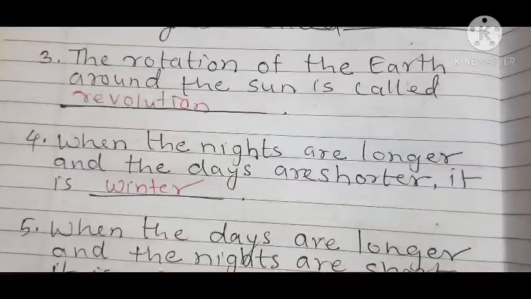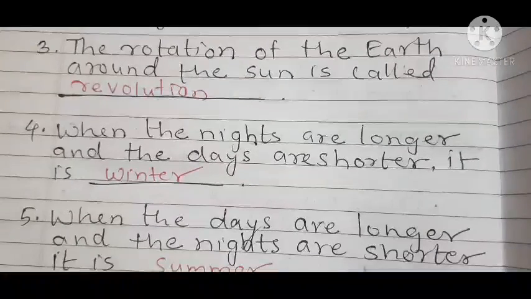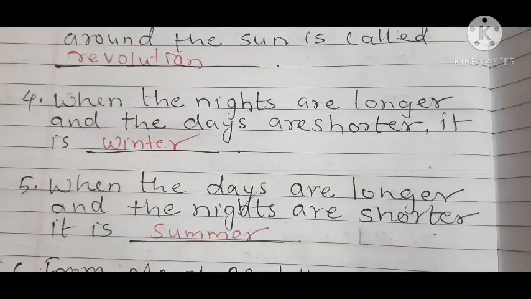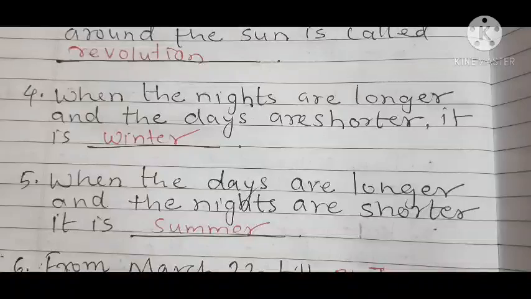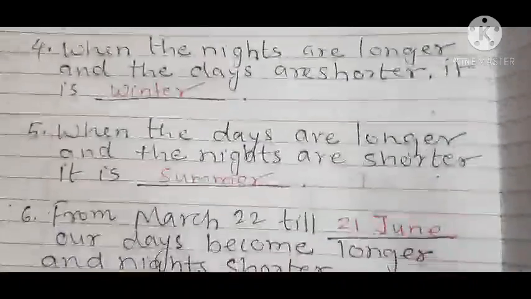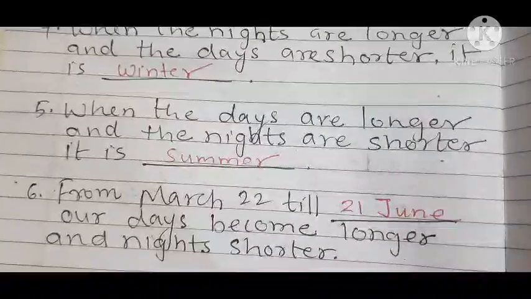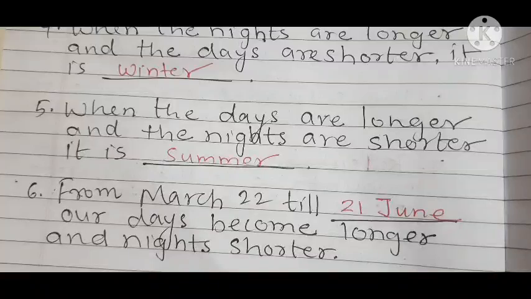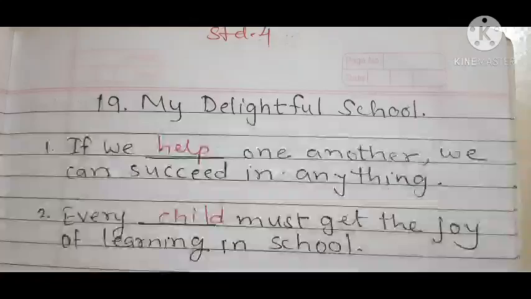When the nights are longer and days are shorter, it is winter. When days are longer and nights are shorter, it is summer. From March 22 till 21 June, our days become longer and nights become shorter.